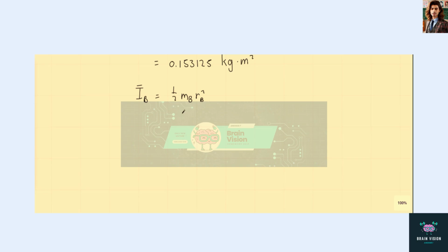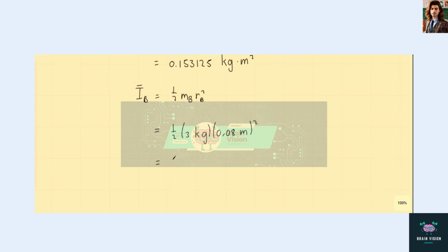The moment of inertia for the disk, I bar B, is equal to a half m_B, the mass of the disk, times R_B squared. So this is a half into 3 kgs, the mass of the disk, times its radius, which is 0.08 meters, and that's squared.